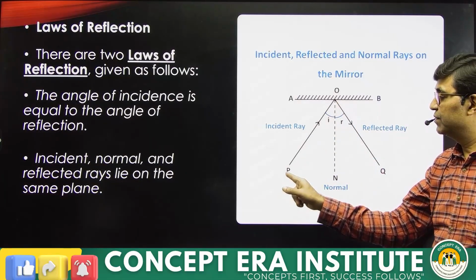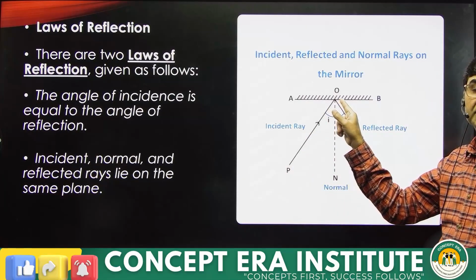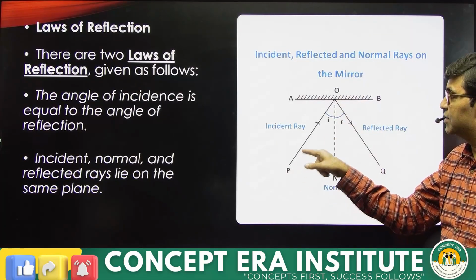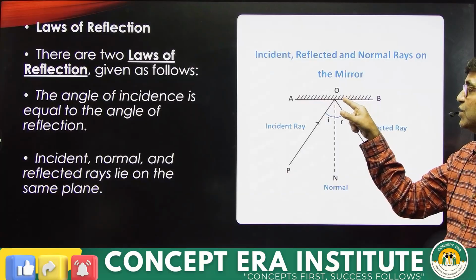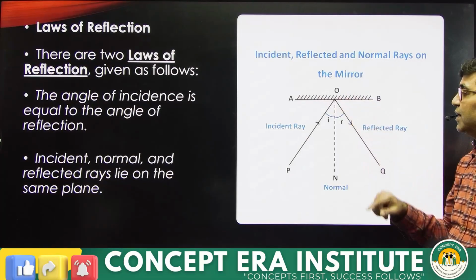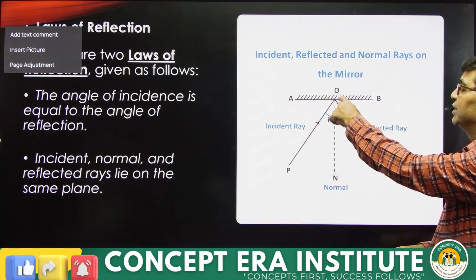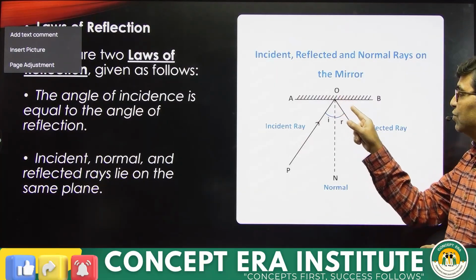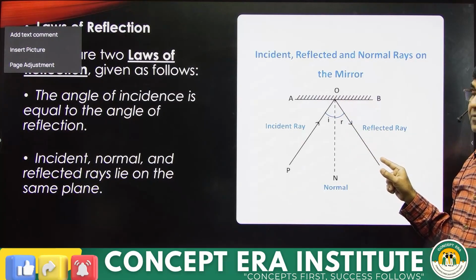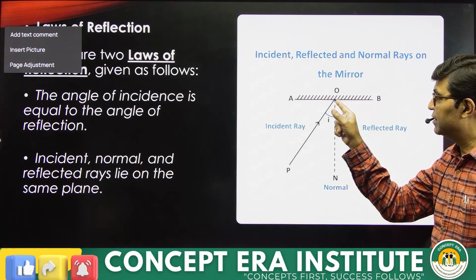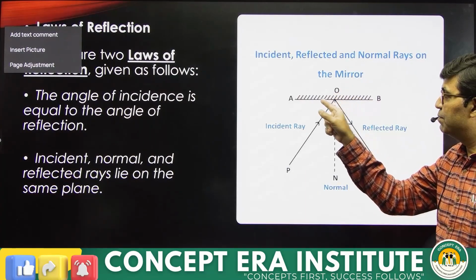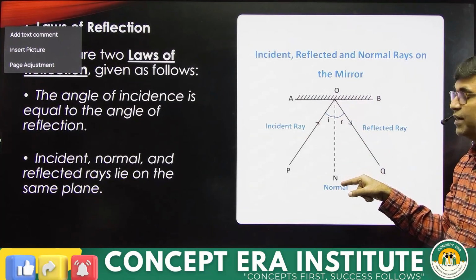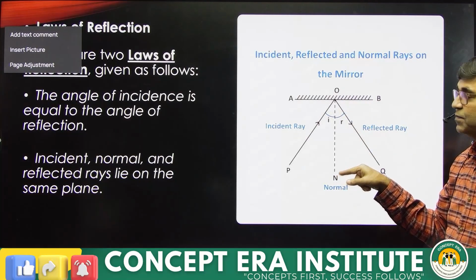It is falling on the glass at point O. This point O, where the light strikes the glass surface, is known as point of incidence. Now, after falling at O, the light is reflected back along OQ, which is known as the reflected ray. Now, from the point of incidence, if we make a line perpendicular to the mirror surface AB, that is ON, it is known as normal.